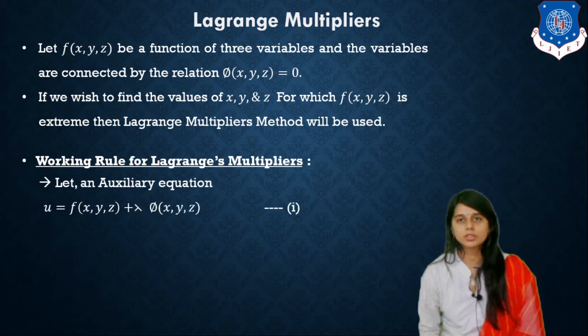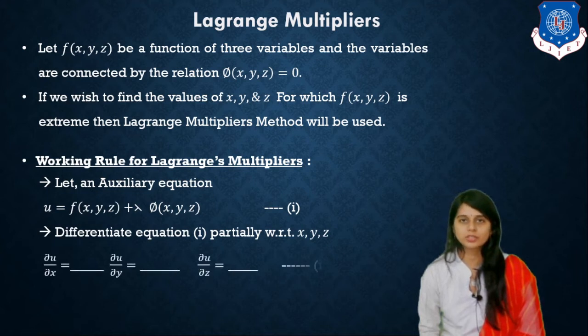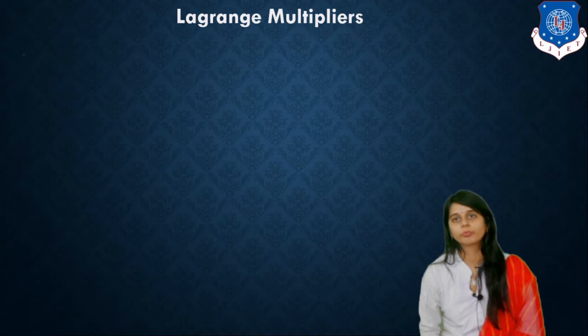The auxiliary equation is u equal to f(x,y,z) plus lambda phi(x,y,z), equation 1. Differentiate the equation partially with respect to x, y, z. We get del u by del x, del u by del y and del u by del z, that is equation 2.